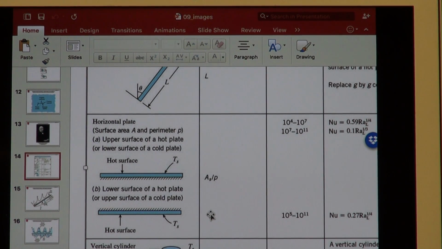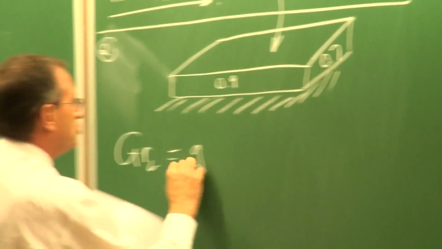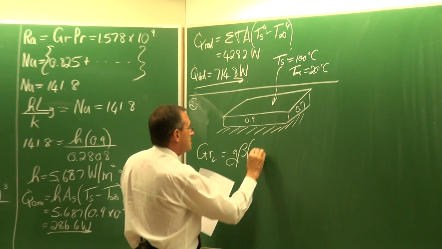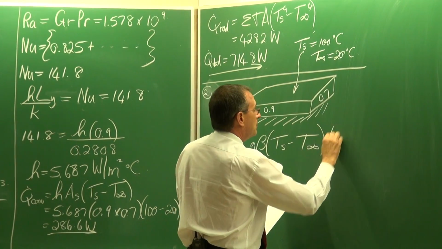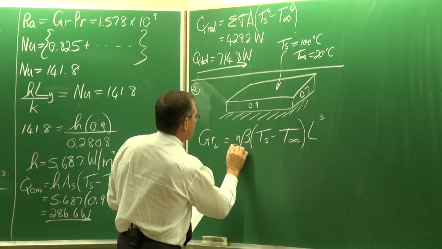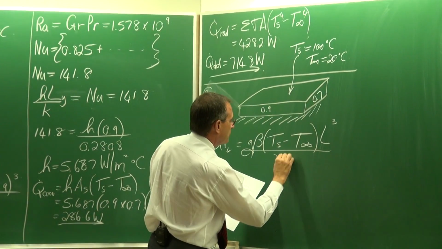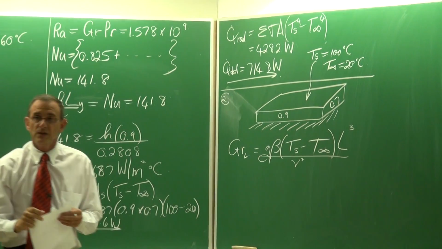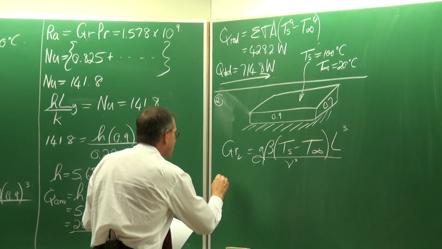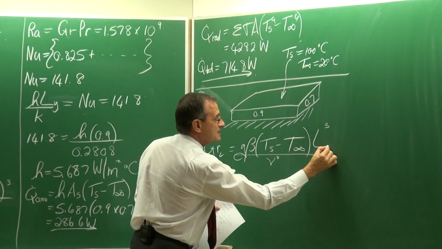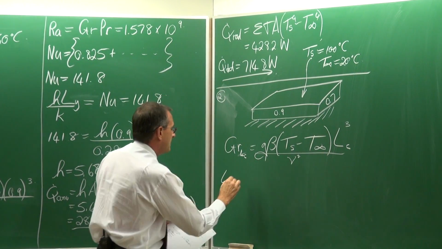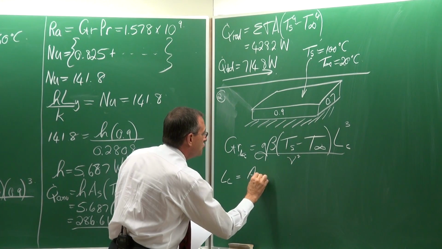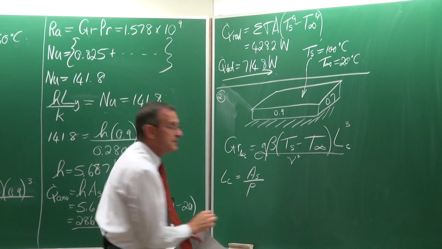So for the Grashof equation, which is equal to g, beta multiplied by Ts minus T infinity, multiplied by the characteristic length to the third, divided by the kinematic viscosity squared. What it now says is that this characteristic length, LC, is equal to the surface area divided by the perimeter of the plate.